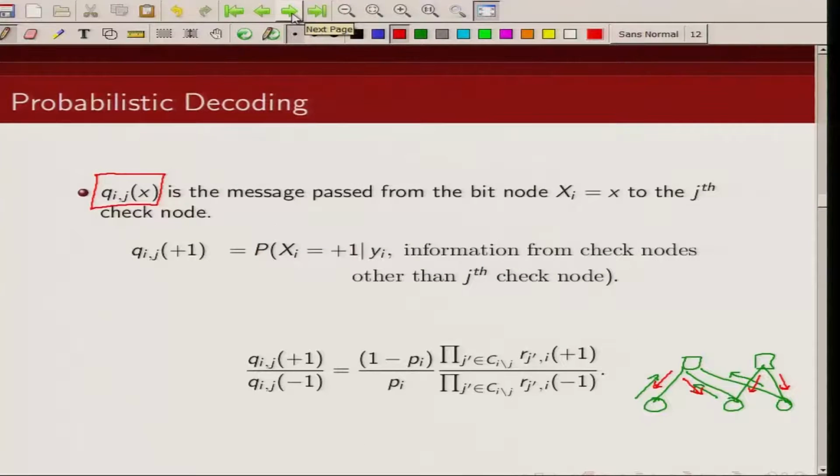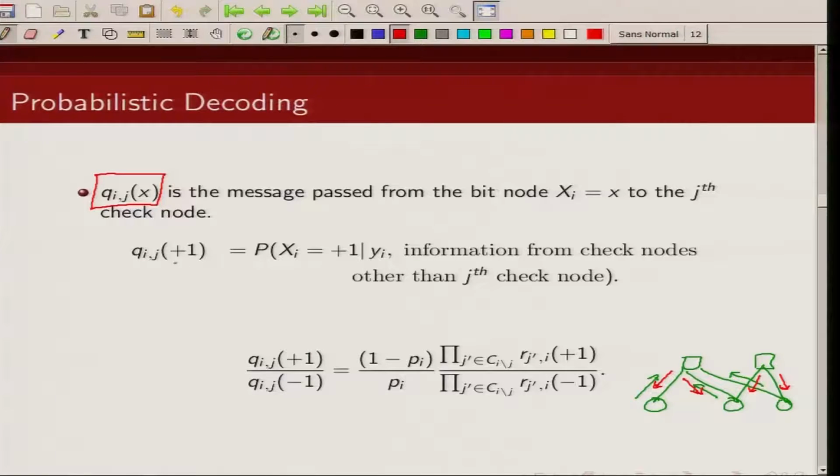Now, what is this Qij? It's a message passed from the bit location i to the jth parity check node, and Qij being plus 1 is given by the probability that Xi is plus 1 given the received sequence Yi and information from parity check nodes other than the jth parity check node.